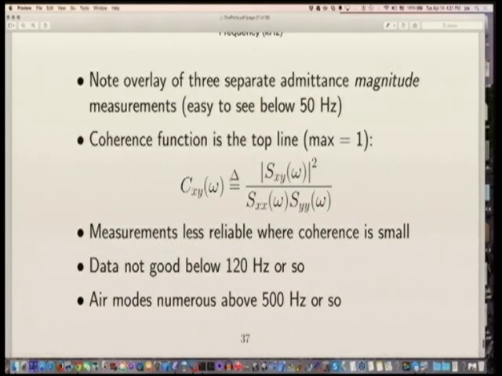So the coherence is defined as the cross spectrum squared over the product of the power spectra. So Sxx would be the power spectrum of the excitation. That would be the force hammer pulse that went in. And Syy is the power spectrum of the resulting velocity measured by the laser vibrometer.